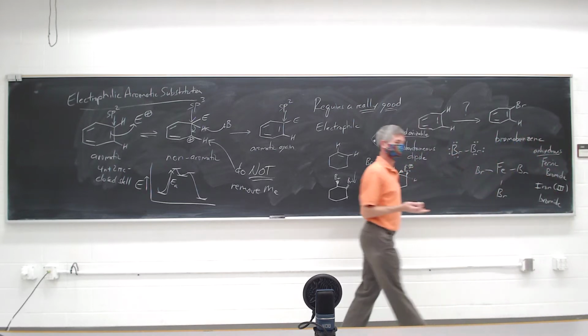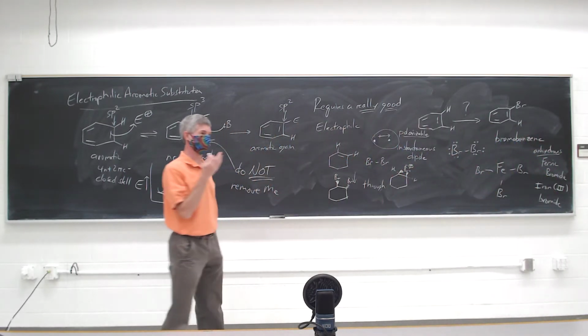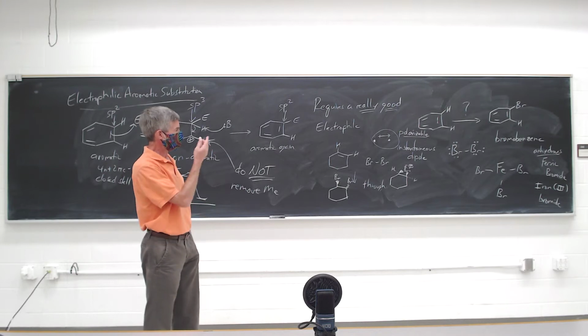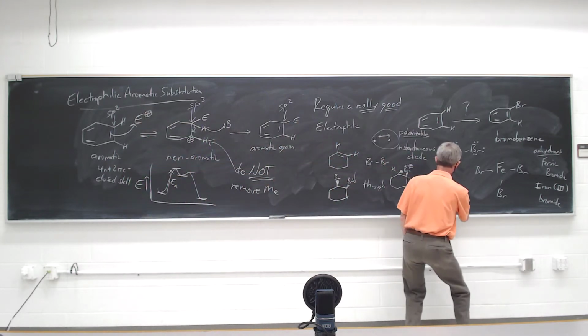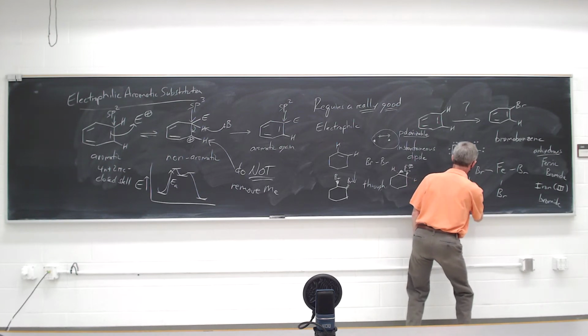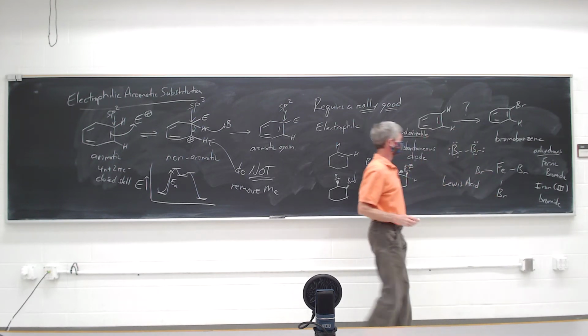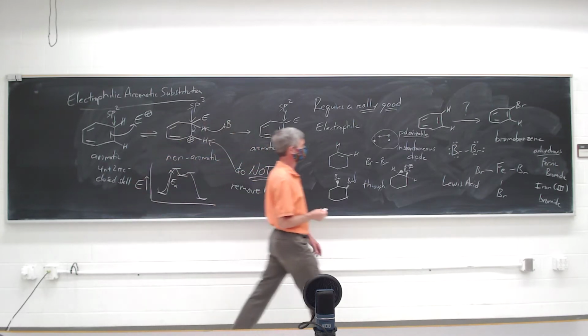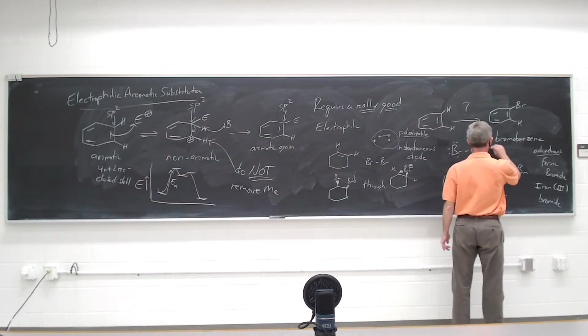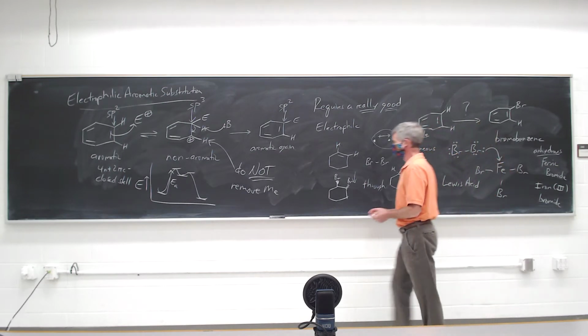You could buy ferric bromide as a hydrate, but we need the anhydrous ferric bromide. Anhydrous ferric bromide is a very powerful Lewis acid. There's iron in a +3 oxidation state, so a relatively high oxidation state of iron. So bromine will actually bond to the iron.